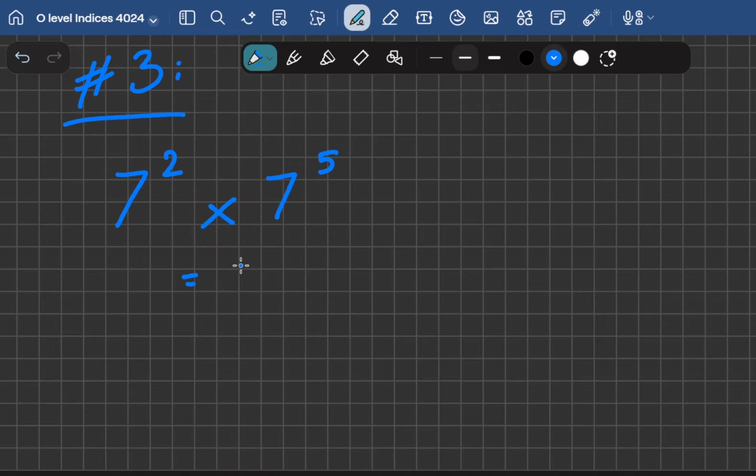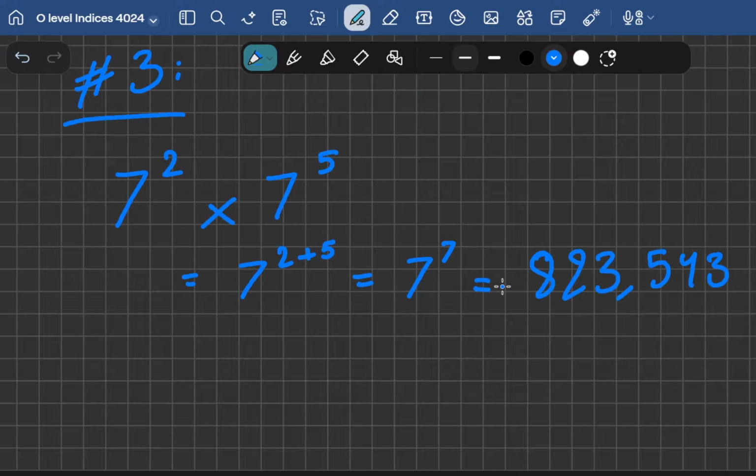So this will be 7 to the power 2 plus 5, which equals 7 to the power 7. And 7 to the power 7 on a calculator is 823543. So this will be our final answer.